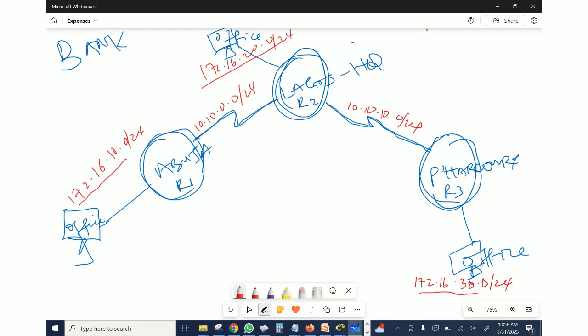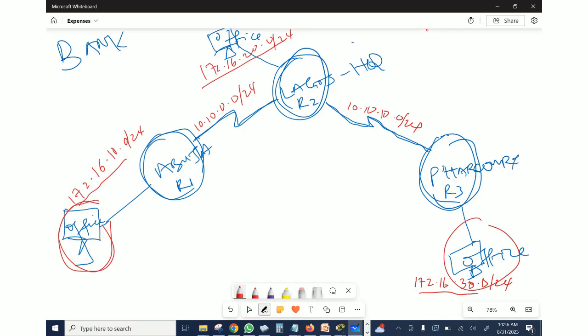Now we want to apply what is called static route so that people in the Abuja office can reach people in the headquarters, which is Lagos, and also reach people in Port Harcourt.